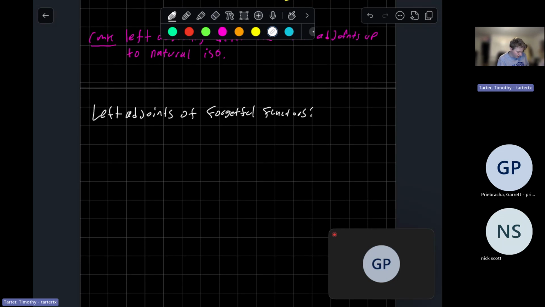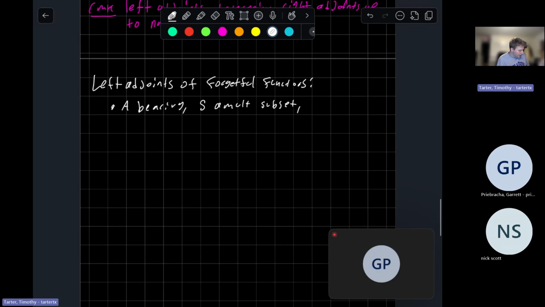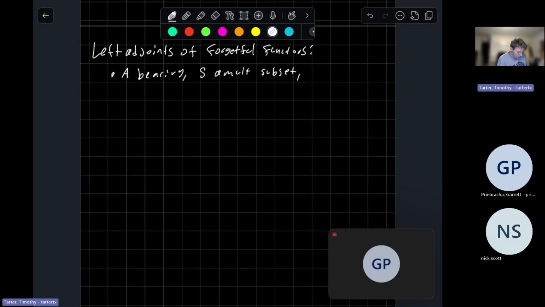So let A be a ring, S a multiplicative subset. Then S inverse A modules are a full subcategory of A modules.